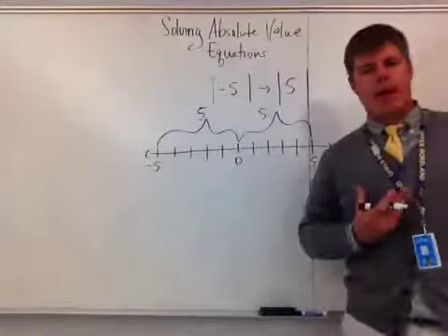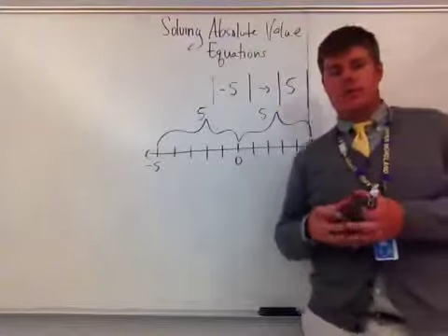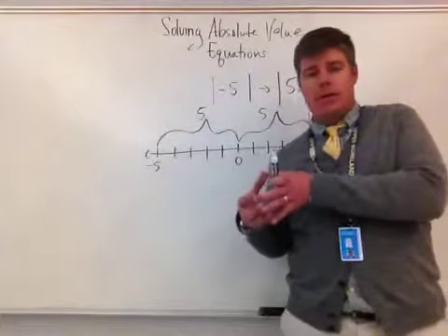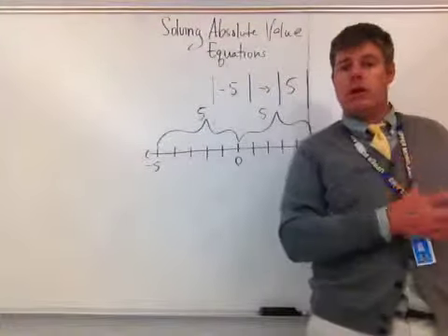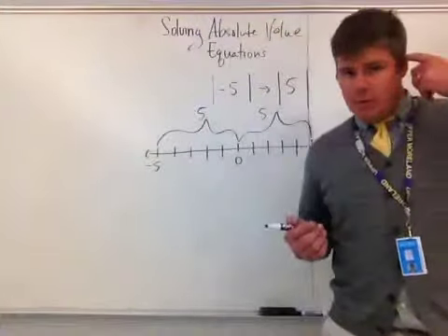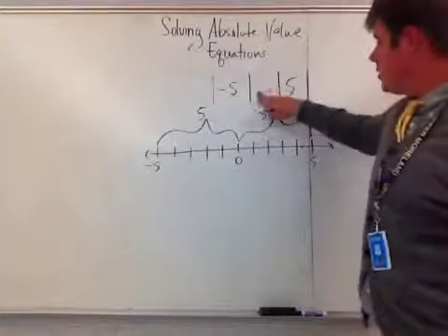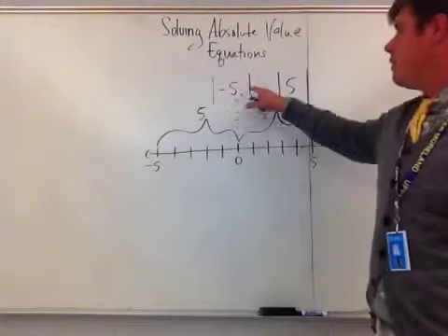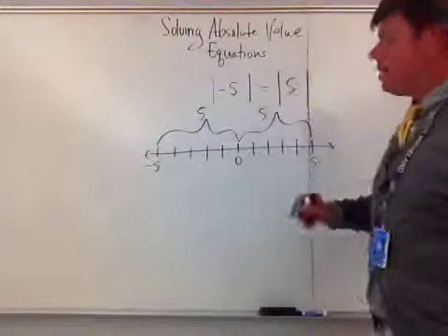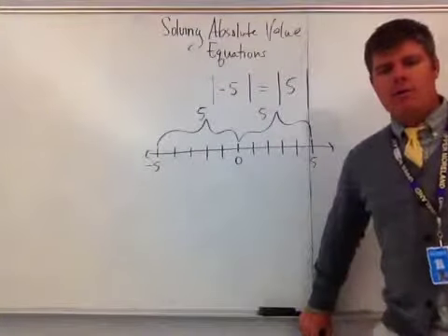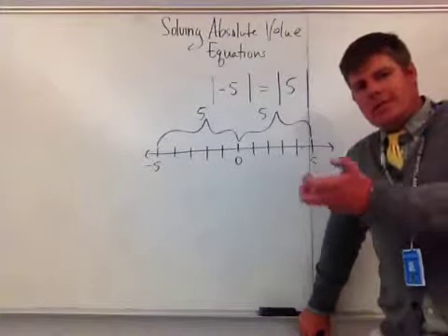Whenever I talk about absolute values, you have to understand that there's always a distance left of 0 that's equidistant to a distance that is right of 0. So when simplifying, what you need to know is that the absolute value of -5 is equivalent to the absolute value of 5, and that will always be, because we're talking about a distance from 0.